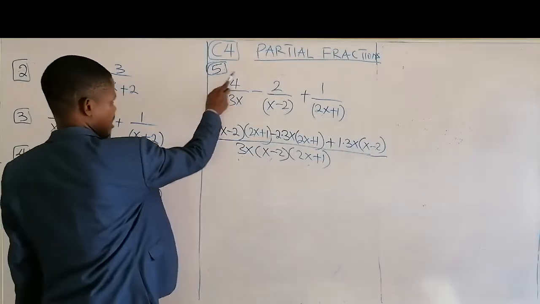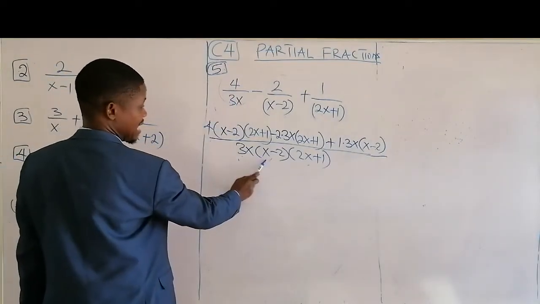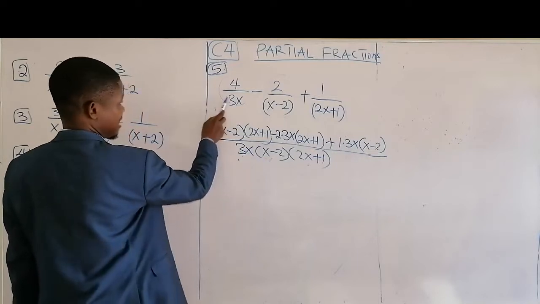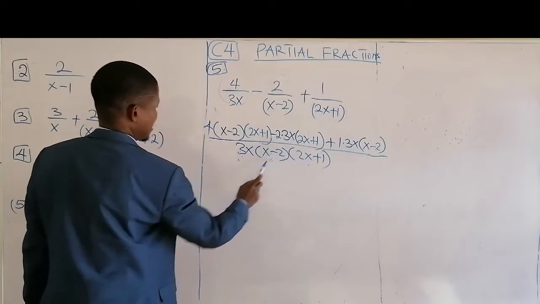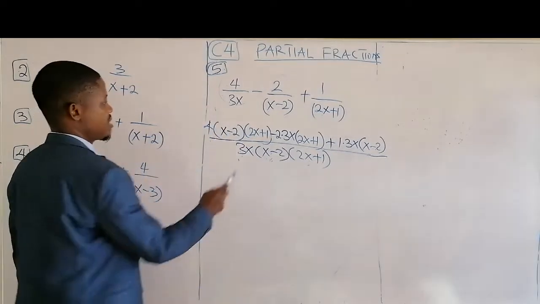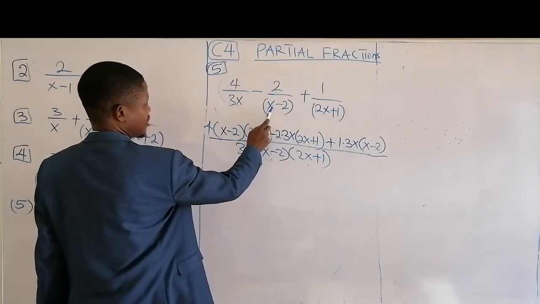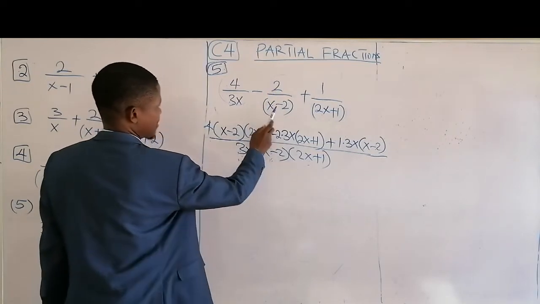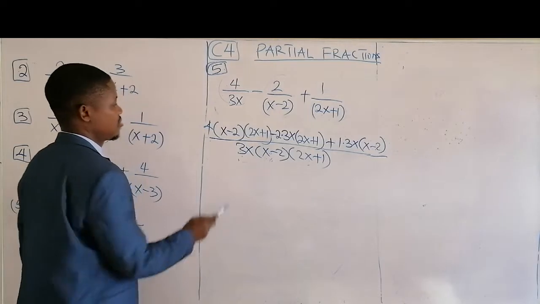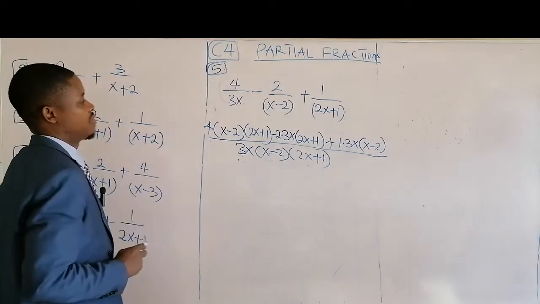For this fraction here, for 4 over 3x, the denominator corresponds to the LCM. 3x and 3x will cancel, we have this 2, that's x minus 2 times 2x plus 1, and then times the numerator. Then here, the fraction corresponds that denominator to the LCM. X minus 2 cancels. I have 3x times 2x plus 1 times the numerator.